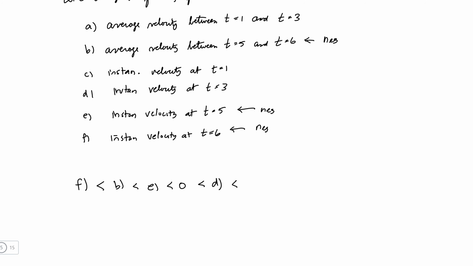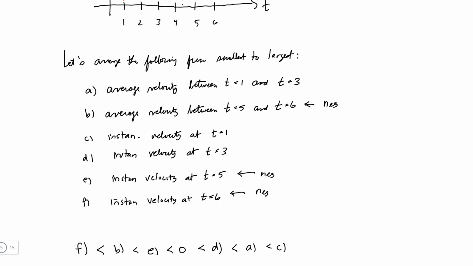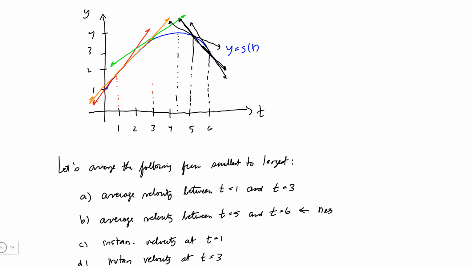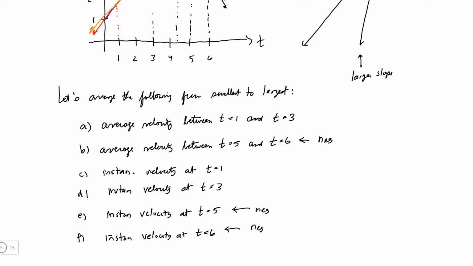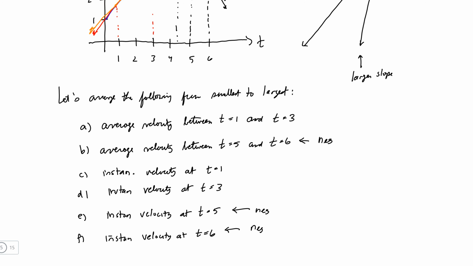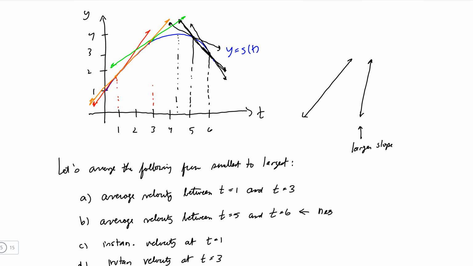After that comes the average velocity, which will be A, and the last one will be C. If I have an increasing line, the steeper it is, the larger the slope, and it's the opposite if they're negative. So make sure you spend some time understanding how we got those, because it's good to have a feeling for reading off the graph what a large slope and a small slope look like.